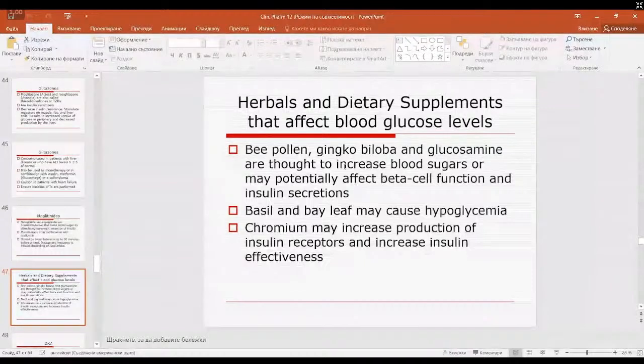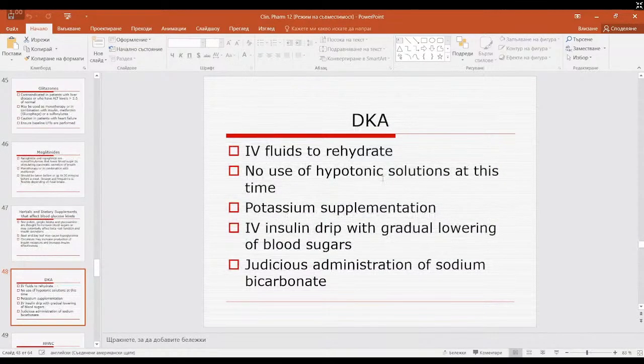So it's not a very good idea to take so many dietary supplements and herbals. You should always base your decision on medical evidence and avoid using drugs that do not have enough evidence to support their use.